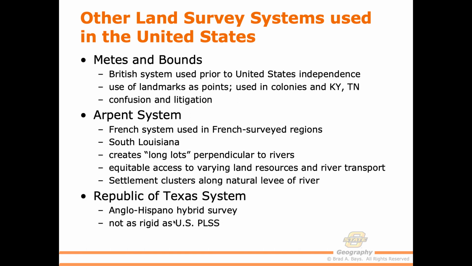So it has a lot of variations in it. It's not quite as rigid as the United States Public Land Survey system. If you've ever driven in Texas, you've heard of farm to market roads or FM roads. Those are the roads that basically connect market towns, and it's a very efficient system of roads.